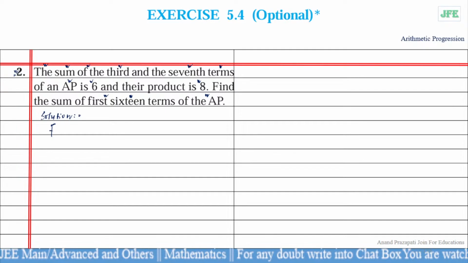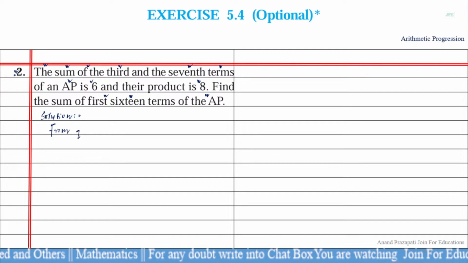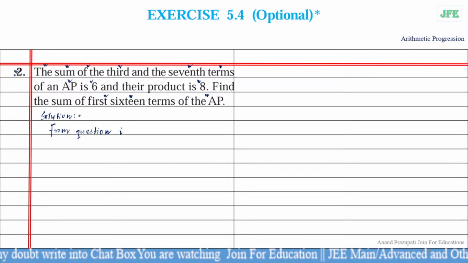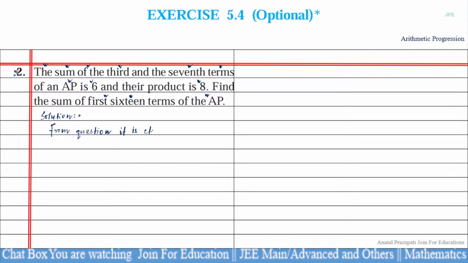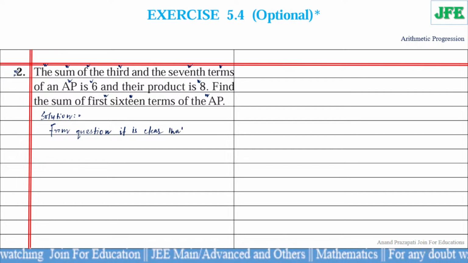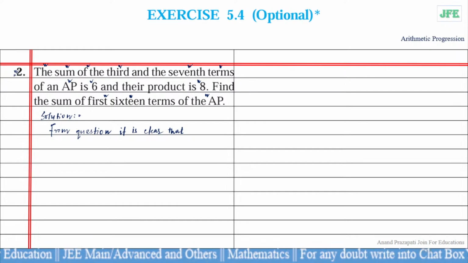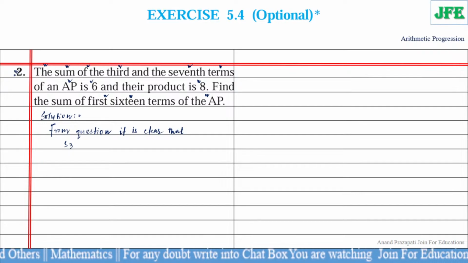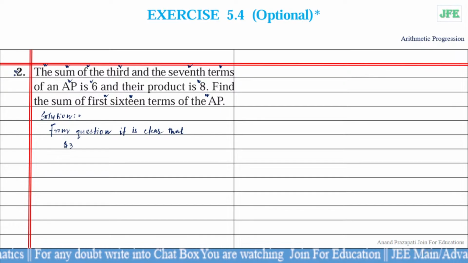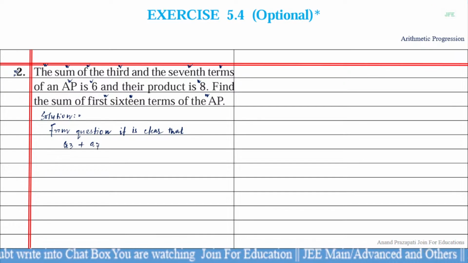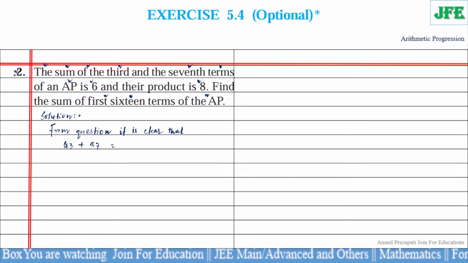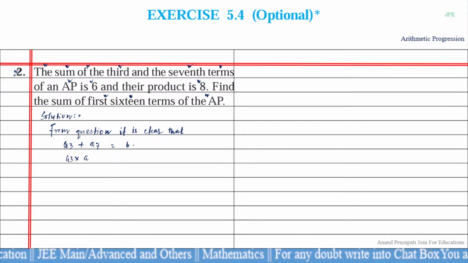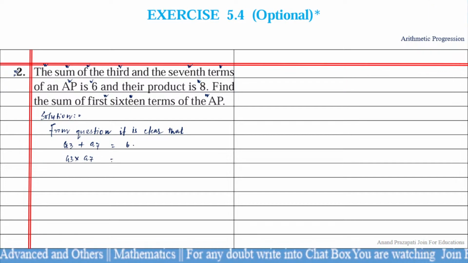From the question it is clear that the sum of the third term and seventh term of an AP is 6, and their product, A3 into A7, equal to 8.